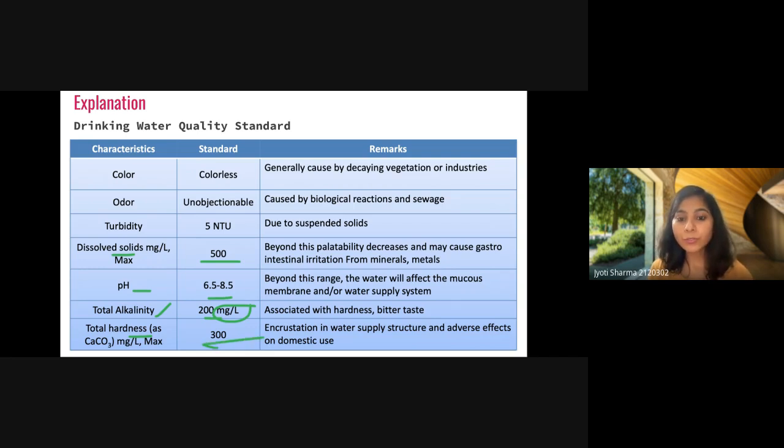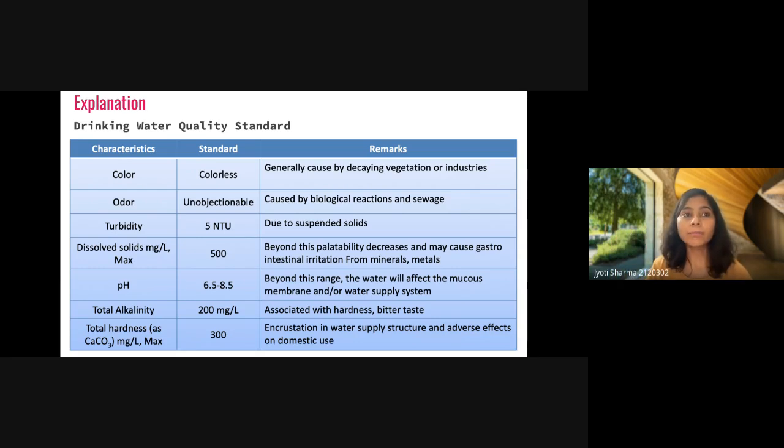So I just wanted to show you that we have standards not just for drinking water, we have standards for irrigation water, and for the effluent industries are releasing into the river. Before releasing that water into the river, what should be the concentration? For that also we have some standard.